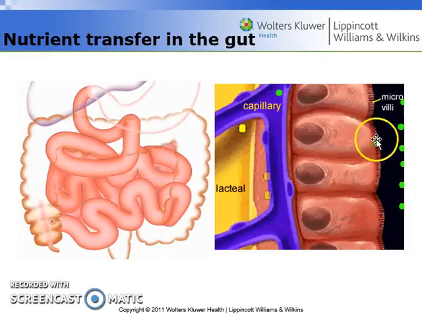So once the nutrients are trapped in the microvilli, they will pass through the cells, and once they're being pushed into the tissue of the gut, they'll make their way to our capillary beds. And then in our capillary beds, they can go throughout our entire body system, and make their way to the cells that need these particular nutrients.